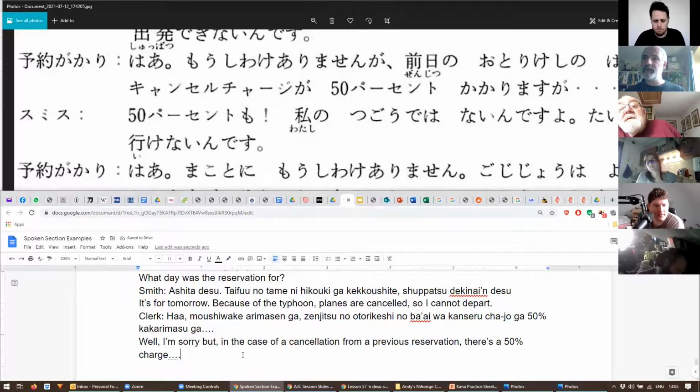Now, let me ask you a question, guys. If she said Zenjitsu no otorikeshi no bai wa cancel charge ga 50% kakarun desu ga, what would this mean if she used kakarun desu ga in this case? Maybe I can do something about it. Right, exactly. It could give you misleading information if you misuse ndesu in this case.